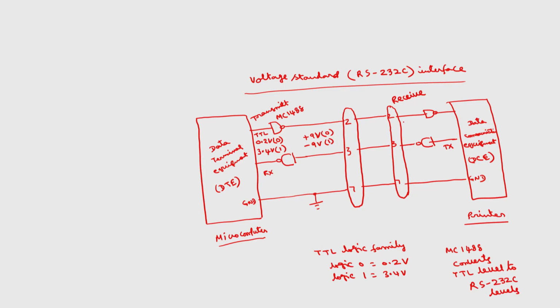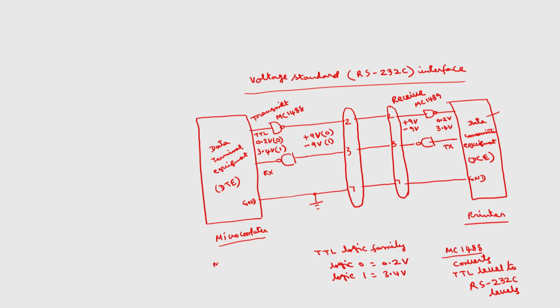Similarly, the levels here will now be plus 9 volts, minus 9 volts, but this DCE will operate at TTL levels. So I want plus 9 volts to correspond to 0.2 volts and minus 9 volts to correspond to 3.4 volts. For that we will use another IC called MC1489. This will do the reverse operation.